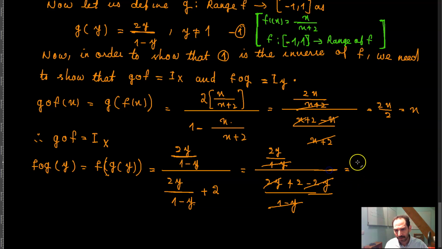You have 2y over 2, which is equal to y.